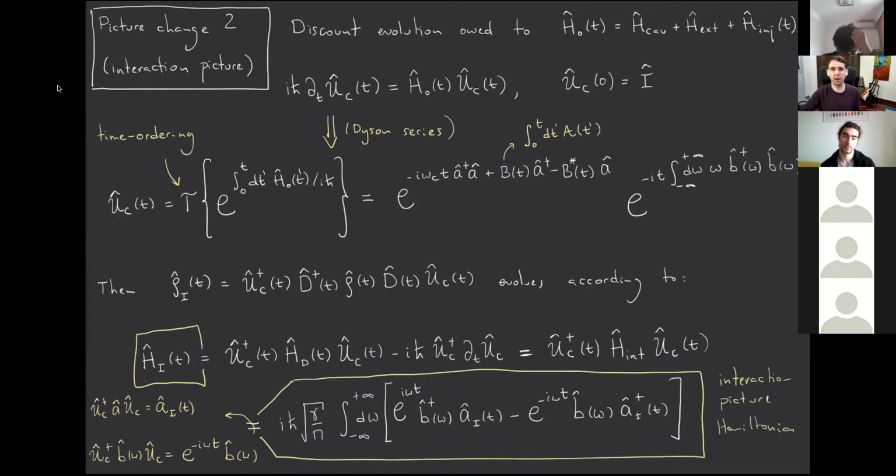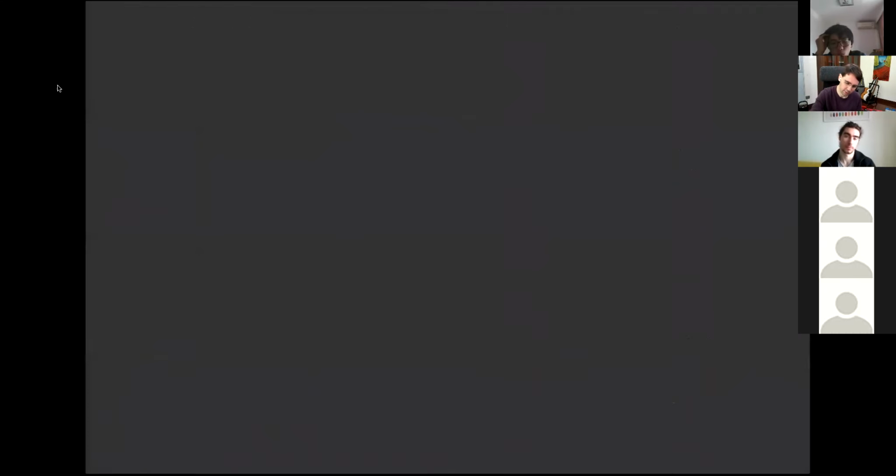And everything is ready now, because we are working in a picture where the full Hamiltonian is just the perturbation. So now we have a Hamiltonian that is really small, so all of it can be considered small, and we can start doing perturbation theory. Let me write down again the von Neumann equation in this picture.